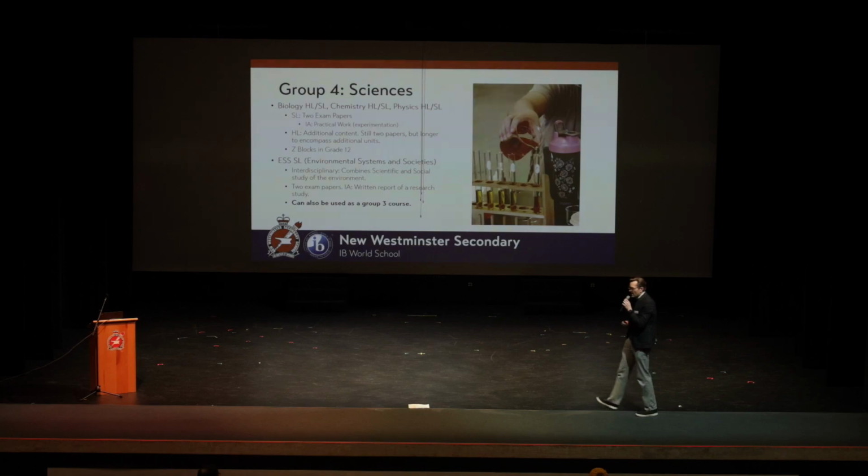And on the other side, it looks at the effect that environmental change has on people and on societies. And so it also looks at how people have an effect on the environment, right? So you get both a scientific and social sciences view of environmental issues.